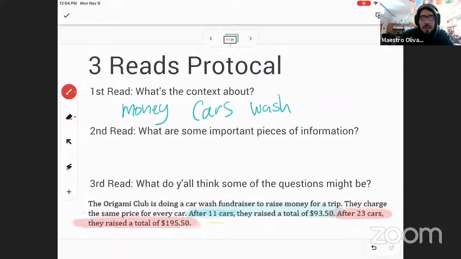So Maria Jose, how did you get $8.50? I divided 93.50 and 11.